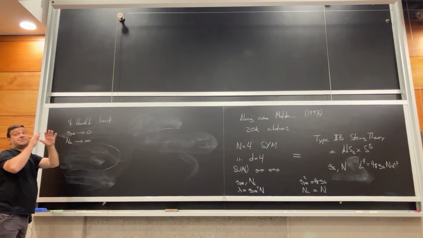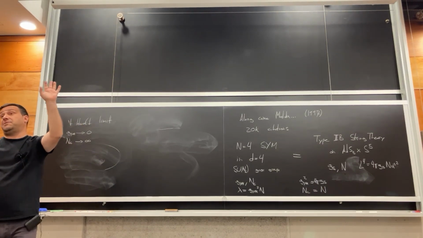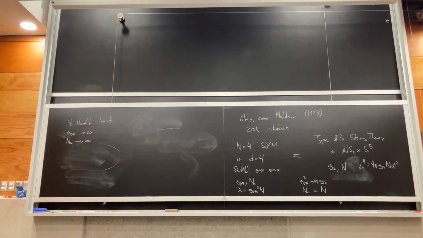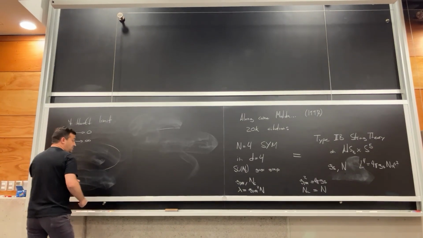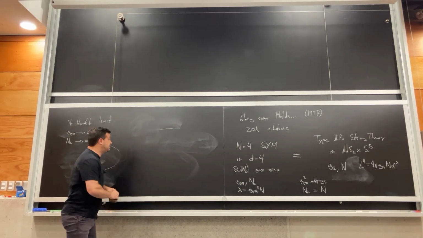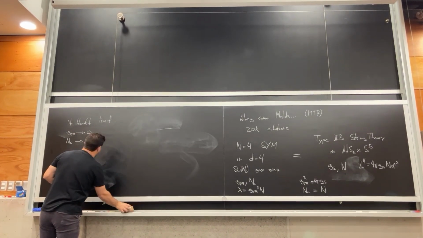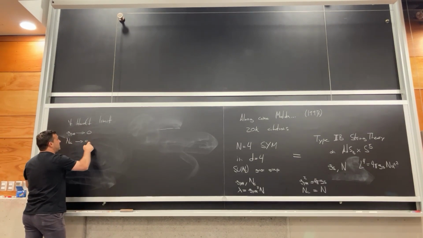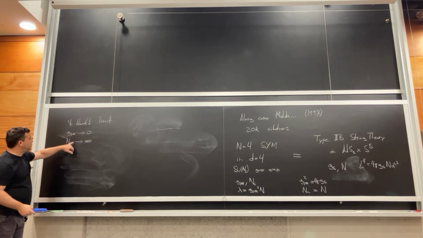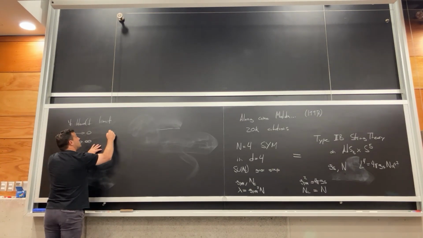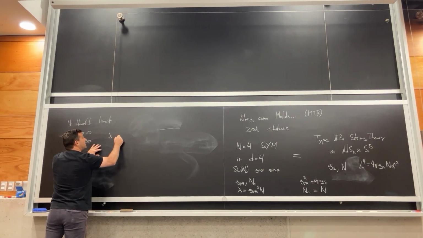So this is just a limit in the parameter space of the gauge theory. Why is this useful? Well, because it's the limit where we can say that the theory is classical. So we will take g Yang-Mills to 0 and N to infinity, but we will say that lambda is fixed.